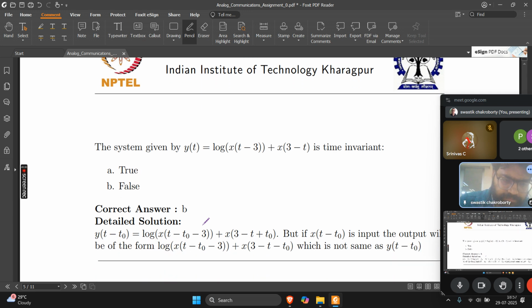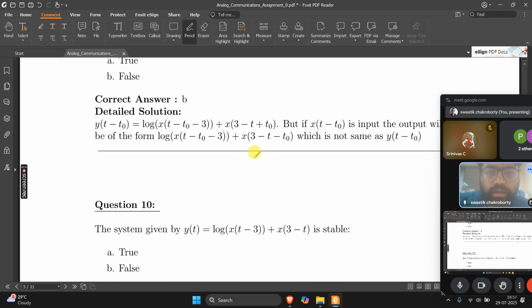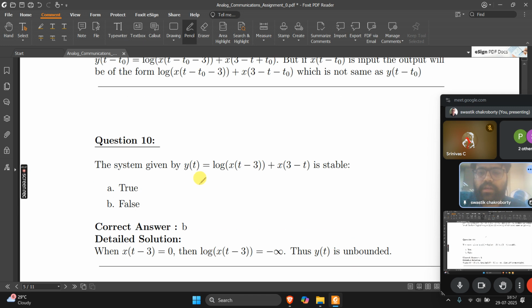But here I think in this assignment it is x(t minus t naught). I don't know why they have given variant. I will check with the person who made it. Okay, so let's leave that.